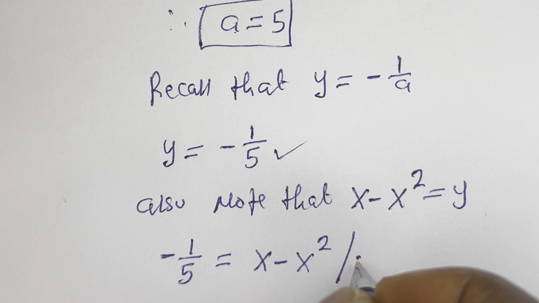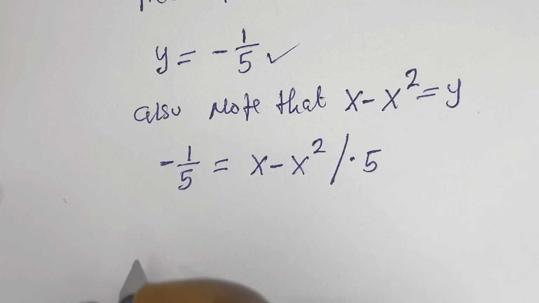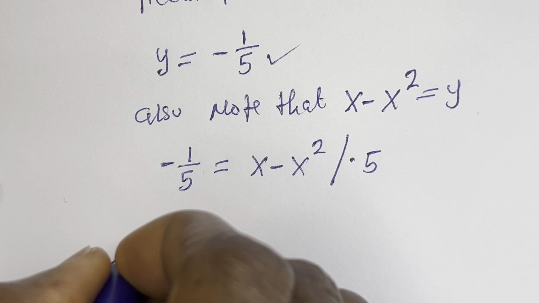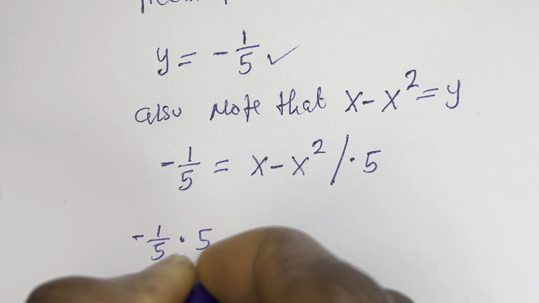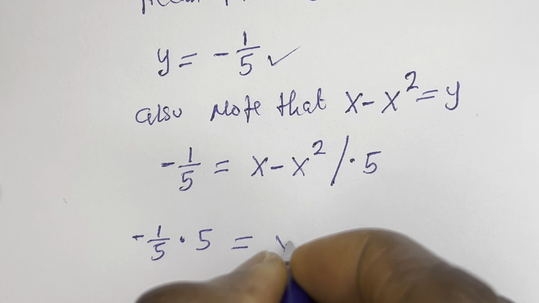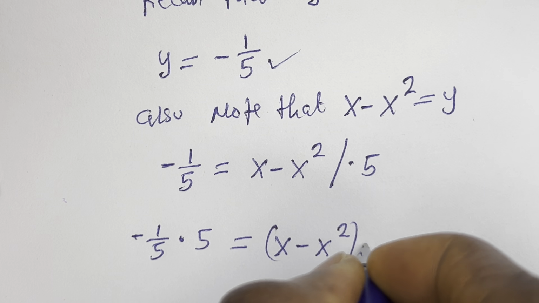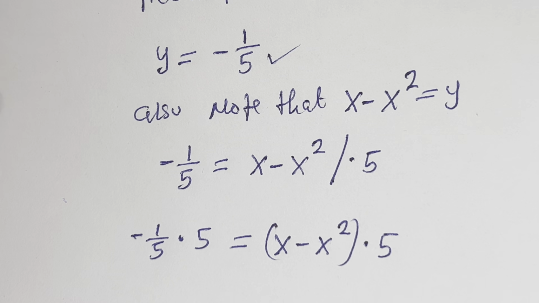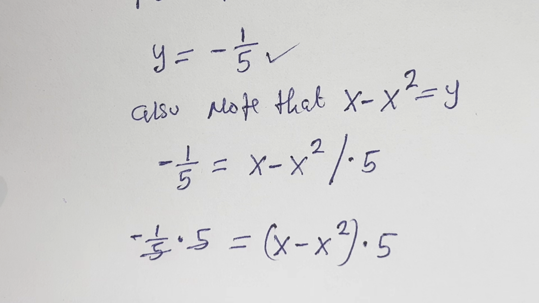Now let's multiply both sides by 5. So this is minus 1 over 5 multiplied by 5 is equal to x minus s squared multiplied by 5. Now this, we cancel this.